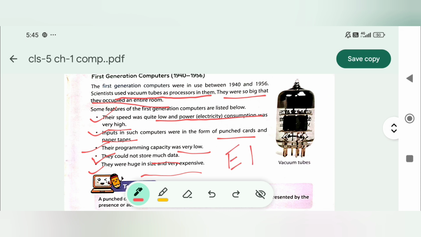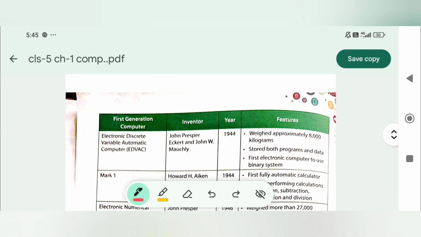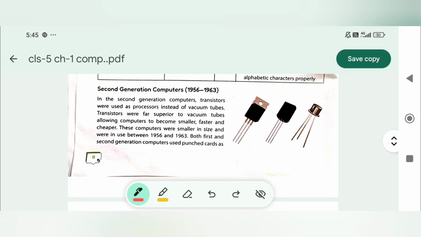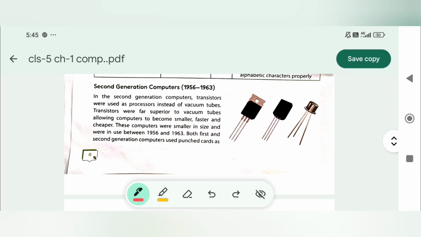ICA 1. For first generation, and for second generation computers, transistors were used as a processor instead of vacuum tubes, and transistors were far superior to vacuum tubes, allowing computers to become smaller, faster and cheaper. These computers were smaller in size and were in use between 1956 and 1963.